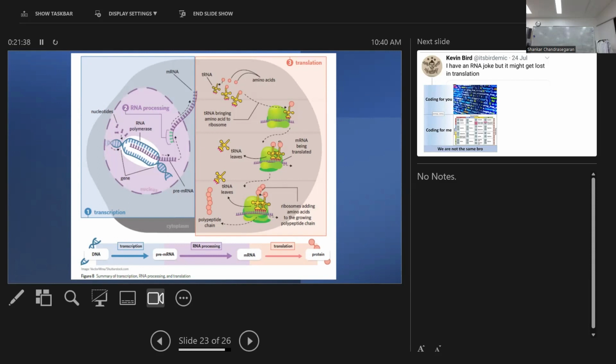When it gets to the start codon, a tRNA molecule will bind to that small subunit of the ribosome and see whether its anti-codon matches with the mRNA's codon. If it's complementary, that means it will start translation. The only way it becomes complementary is if the tRNA molecule is carrying methionine, because that is the start codon.